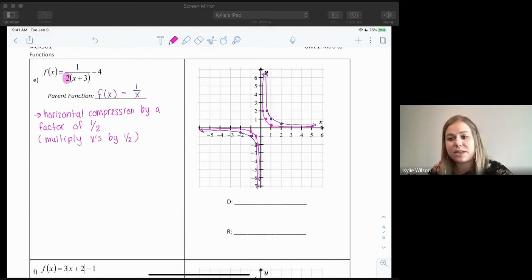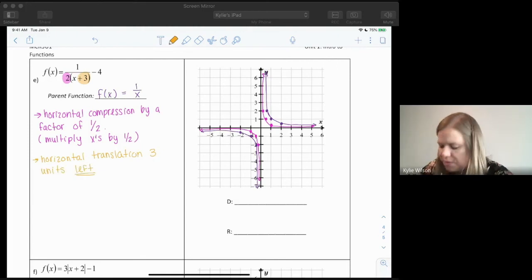All right, so that's our first transformation. The next one is our d value here, positive 3. That means that I have a horizontal translation, 3 units left. Because it's positive 3, we're moving 3 units to the left.